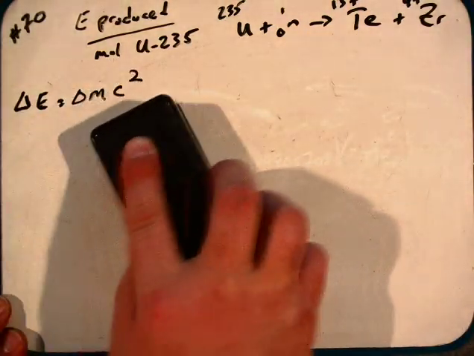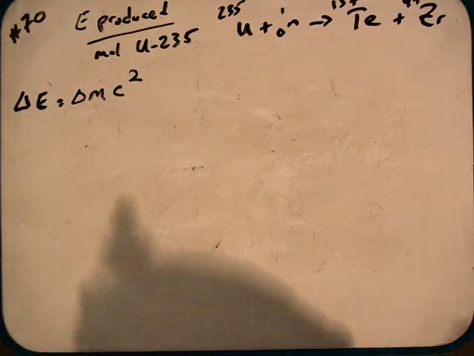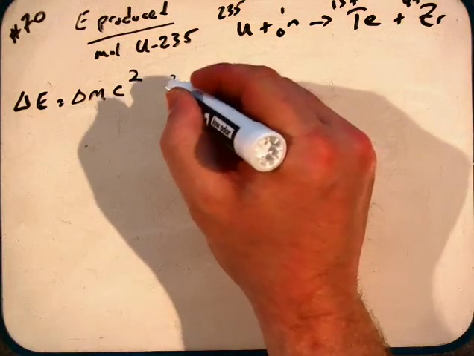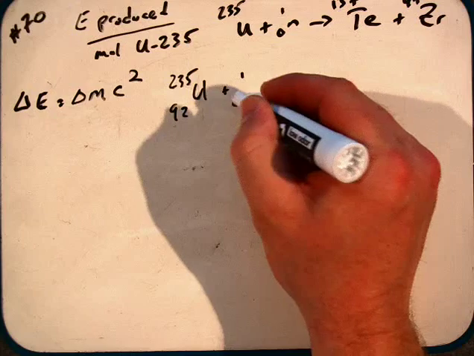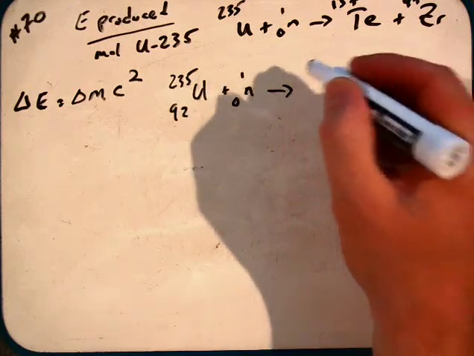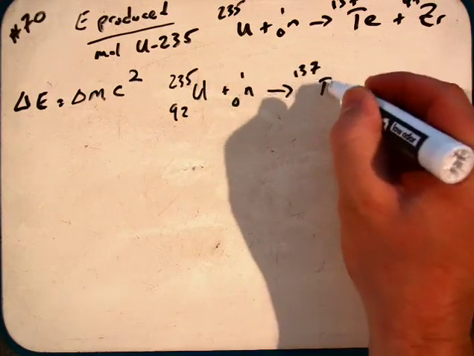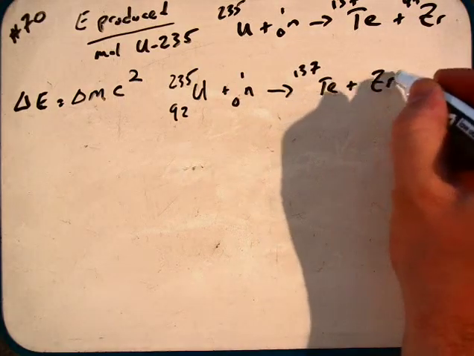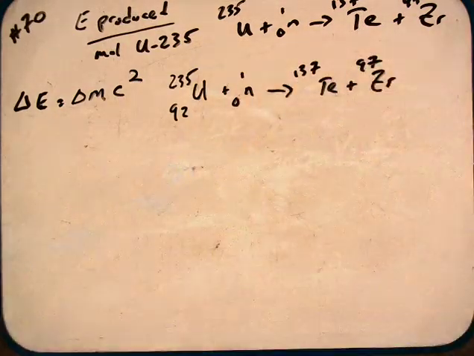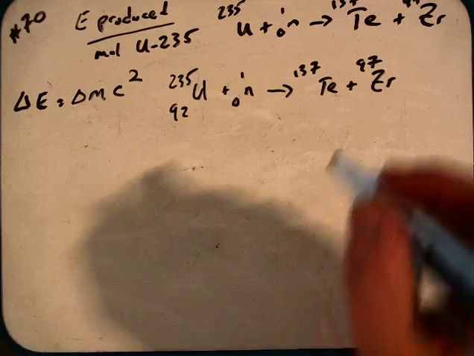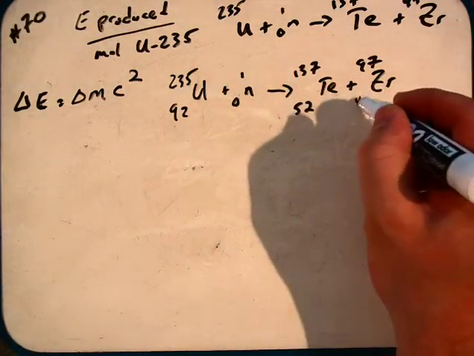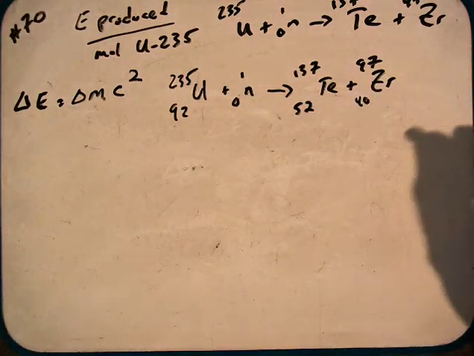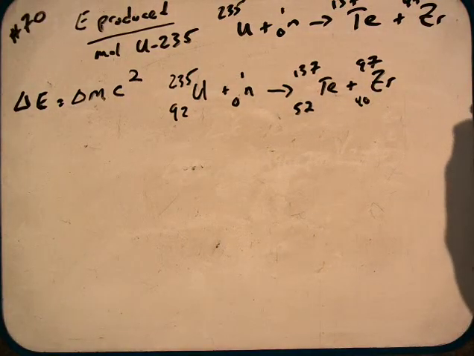So to begin, we have to make sure that we balance our reaction. One thing that we have to realize is that from the language, we are told that we are making tellurium-137 and zirconium-97, but this nuclear reaction is not balanced.